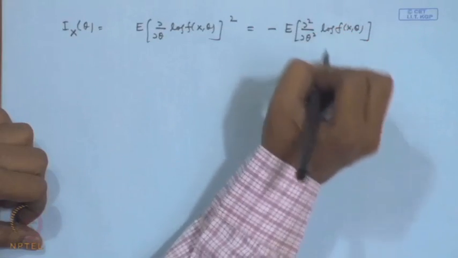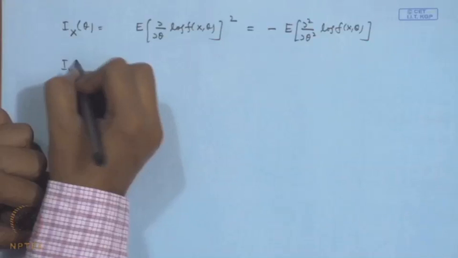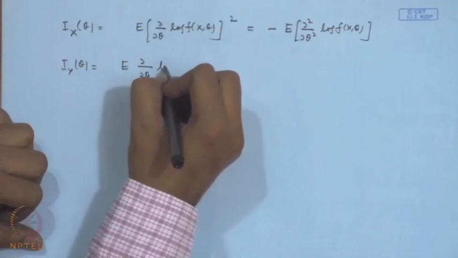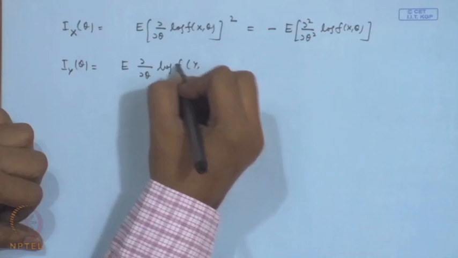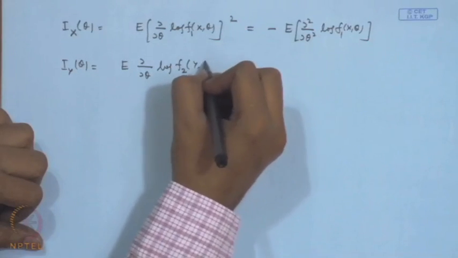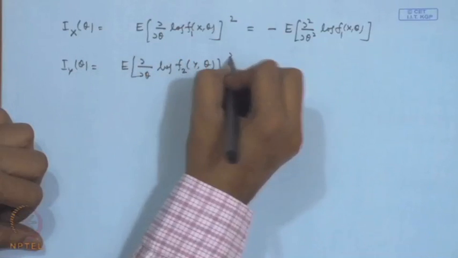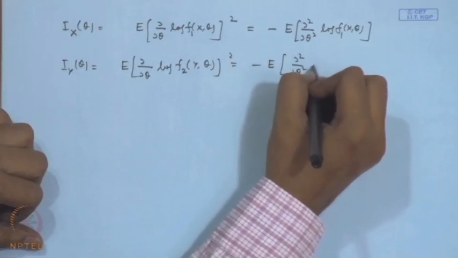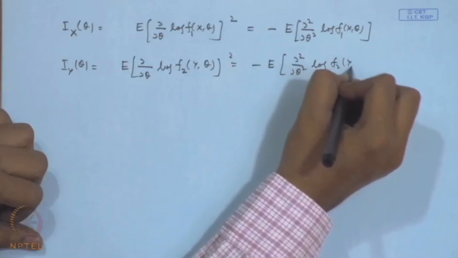We have seen this relationship. Similarly, information in y, that is equal to expectation of del by del theta log of f y, say this is f 1, this is f 2, that we can also write as minus expectation of del 2 by del theta 2 log of f 2 y theta.